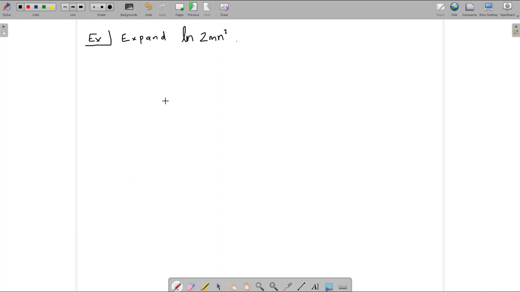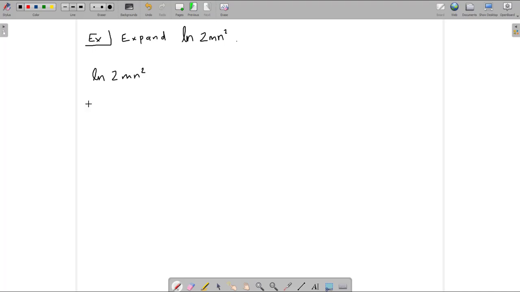All right, another quick example. We're asked to expand natural log of 2mn squared. Expand means what it sounds like: write this as more terms, not just one. So let's write it in as many terms as we can. We have natural log of 2mn squared.